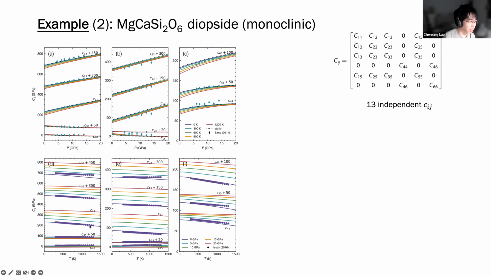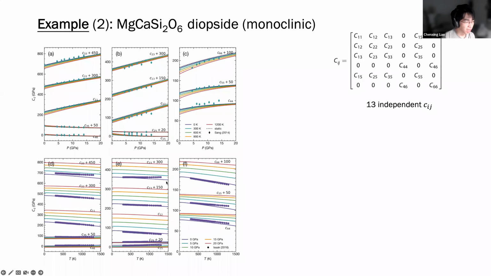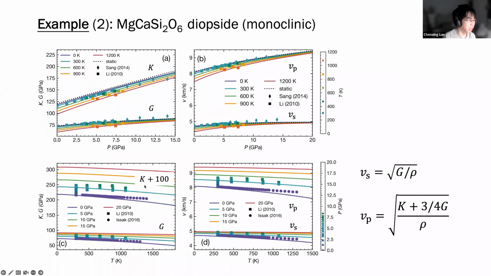And here in the example, you can see at low temperature they are in better agreement, and after we reach the quasi-harmonic approximation boundary, they are in less good agreement. And this is also how we calculate the bulk and shear moduli and the VS and VP, and the results are in good agreement.